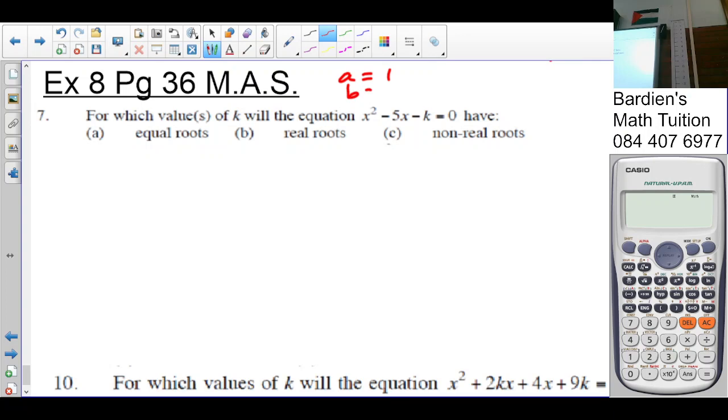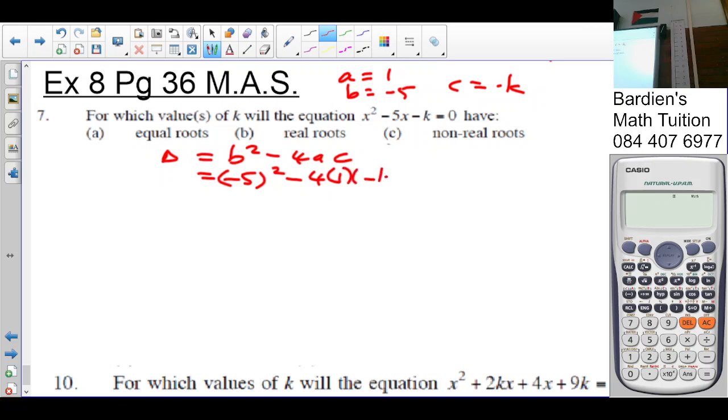Your b value is negative 5 and your c is negative k. All of these are dependent on delta, which is b squared minus 4ac. In this case, it's going to be b, which is negative 5 squared, minus 4 times a is 1 and c is negative k, which gives us 25 minus 4k.